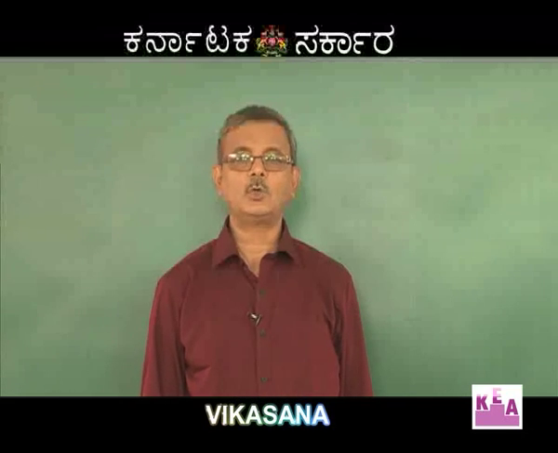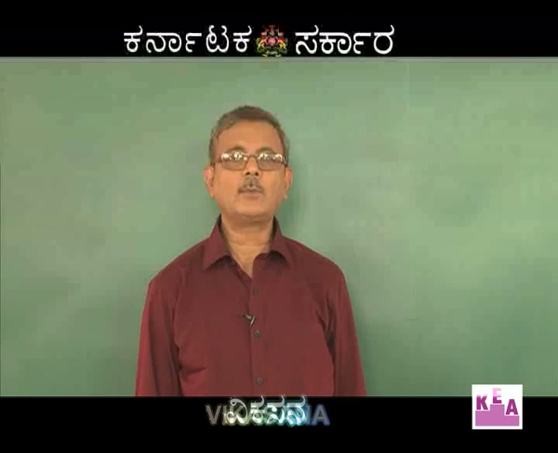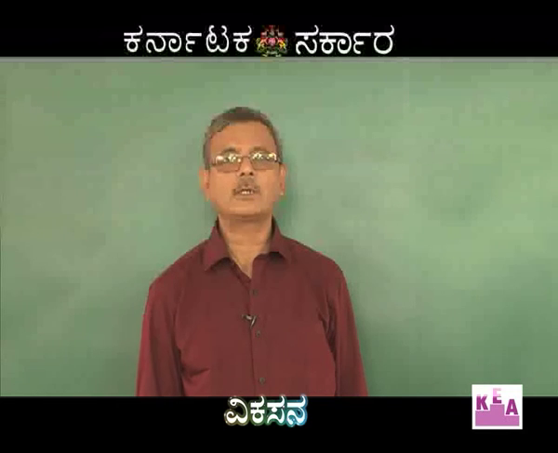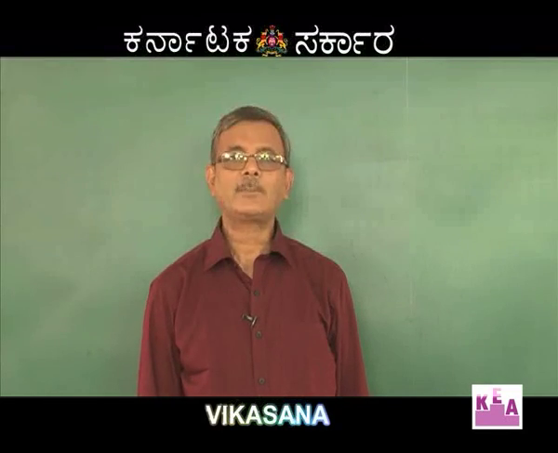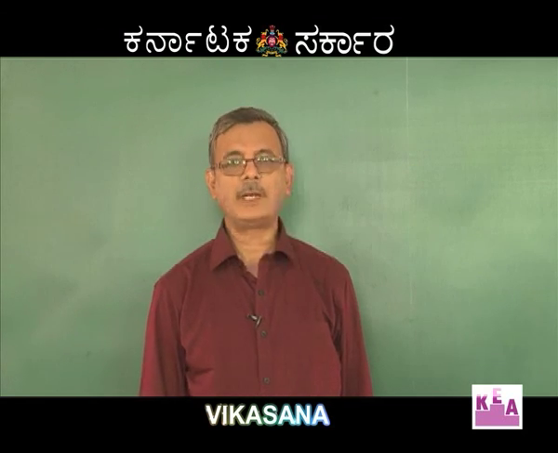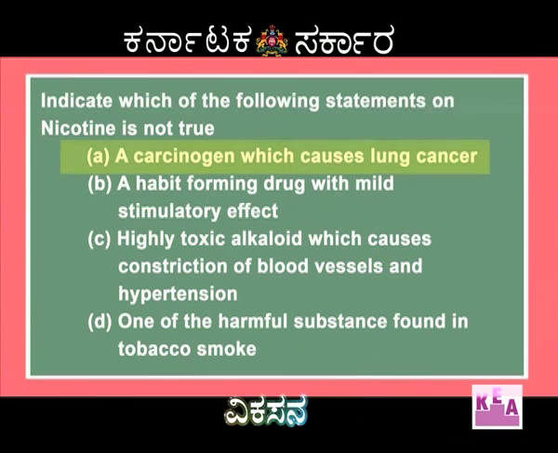Carcinogen is a term used for a cancer causing agent. In fact, one of the most potent carcinogens is found in tobacco tar, and it is benzopyrene. So, option A is the answer because nicotine is not a carcinogen, it is the tobacco tar which carries carcinogens.